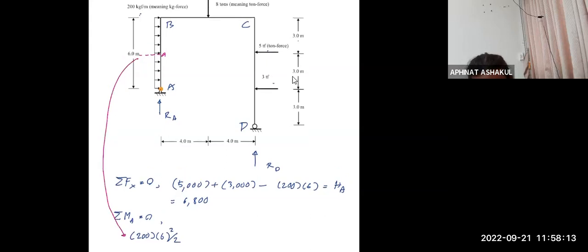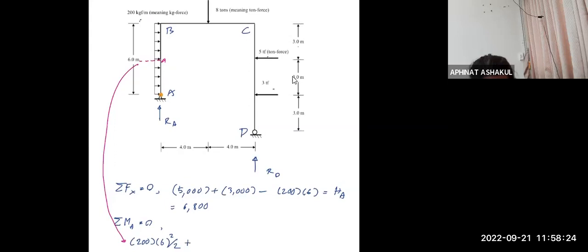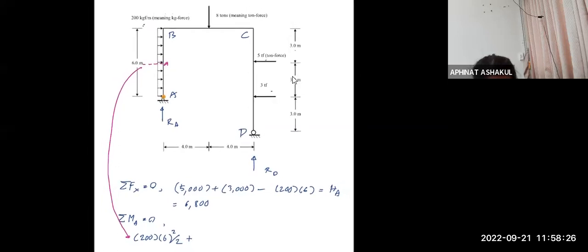And then the next one is that 8 tons, which if you take moment at A, will give you another clockwise moment. So that plus 8,000 multiplied by the moment arm, which is 4.